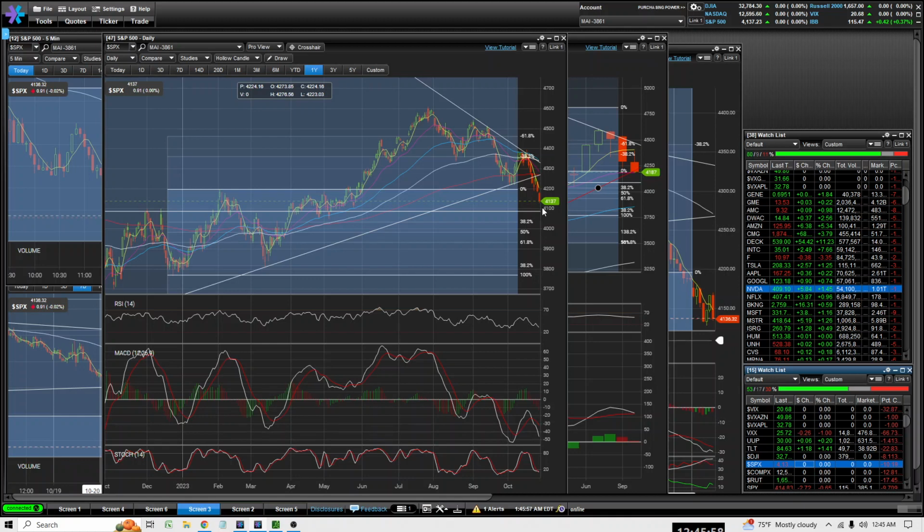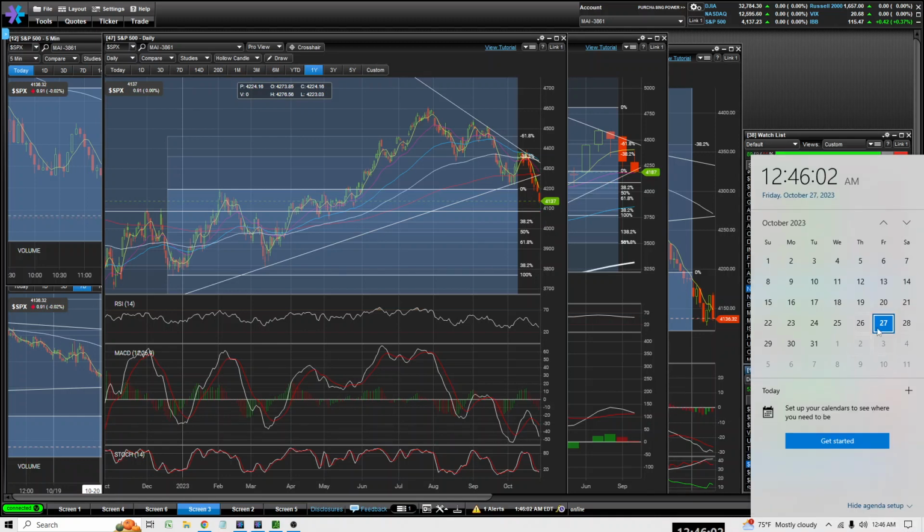The only problem is tomorrow is option expiration, but that doesn't mean much because people keep saying max pain, max pain. Max pain doesn't mean anything, right? They can still make a lot of money driving this down to 4,100.